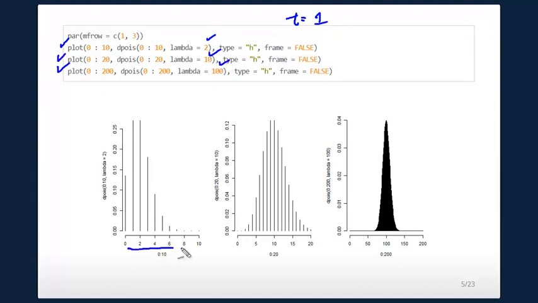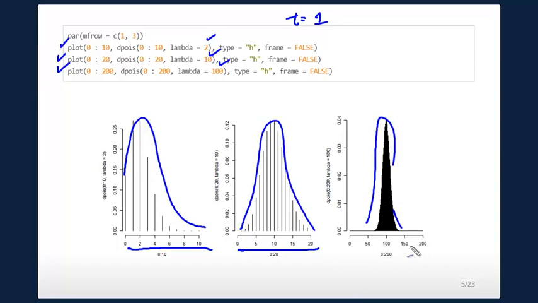I have to use a different horizontal axis scale because with lambda of 100 the mean is 100 and the variance is 100, which shifts the distribution substantially along the x-axis. You can tell that it looks almost exactly like a Gaussian by the time you get up to lambda equal to 100.